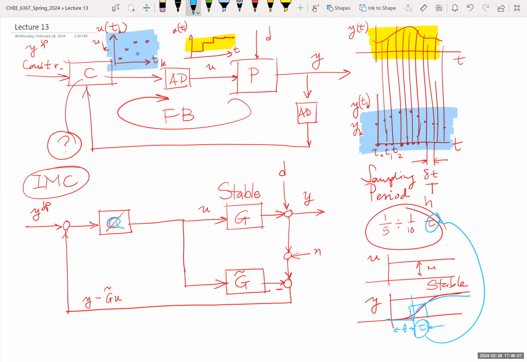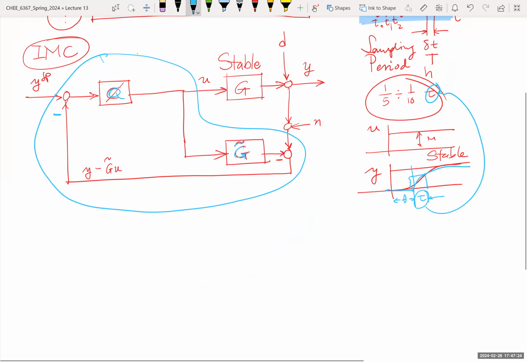So this Q and G tilde that we have here, this whole thing, oops. This is our IMC controller. I forgot to put the minus sign here. Okay, so this is our IMC controller. And why is this useful?